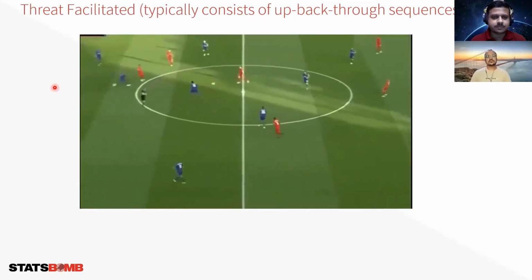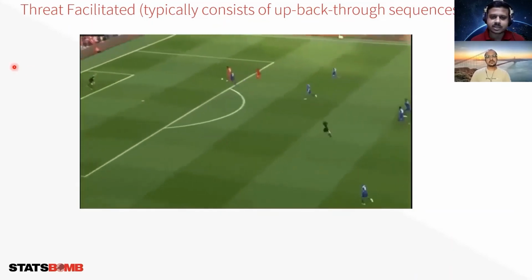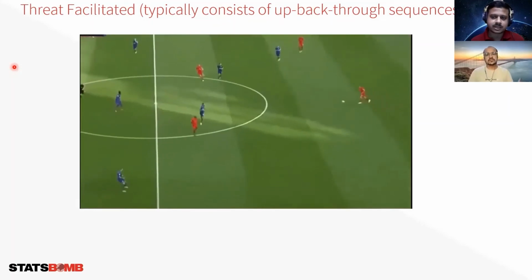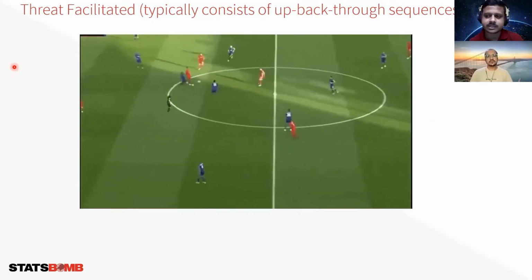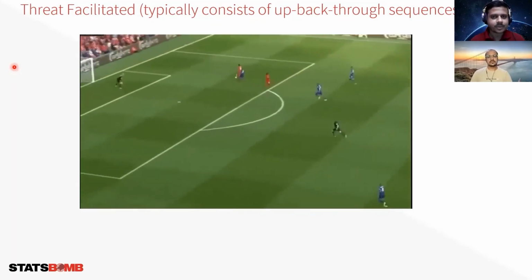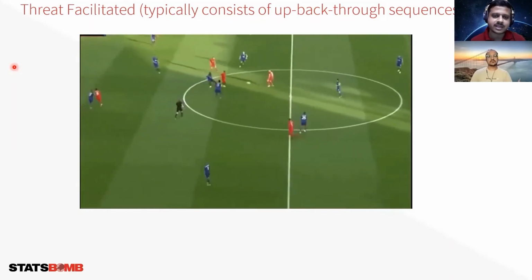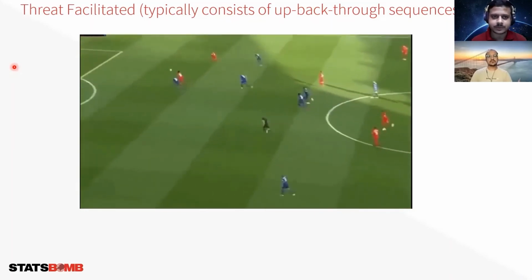So this player who plays the back pass doesn't rack up a positive XT. His XT value is negative, but he allows the next player to create something by passing in a valuable area. So the threat value of the next action will give us threat facilitated.